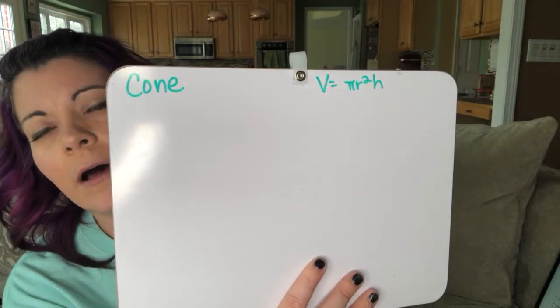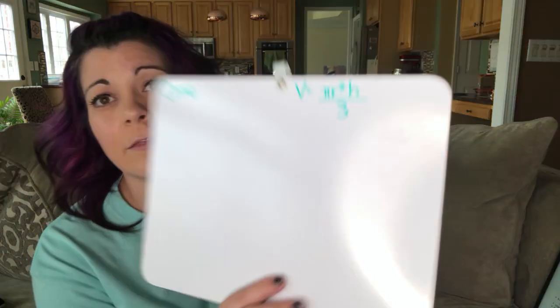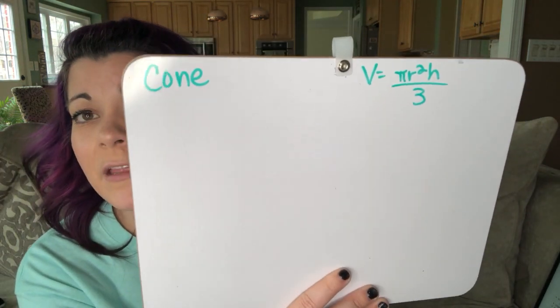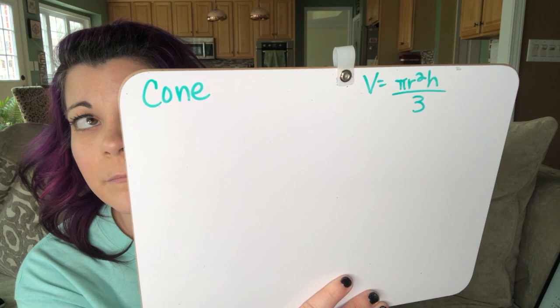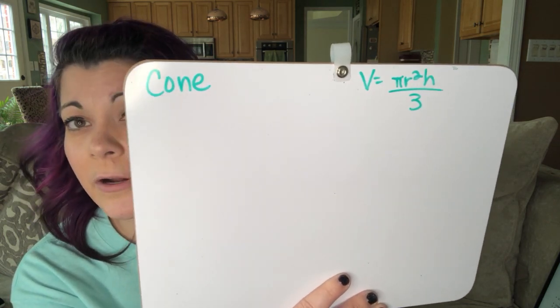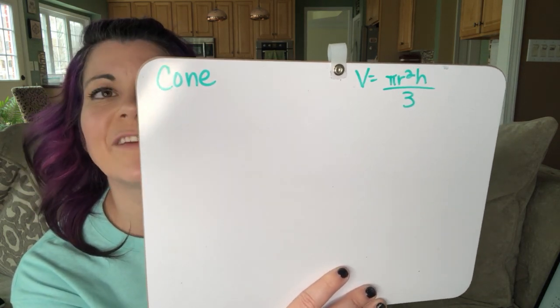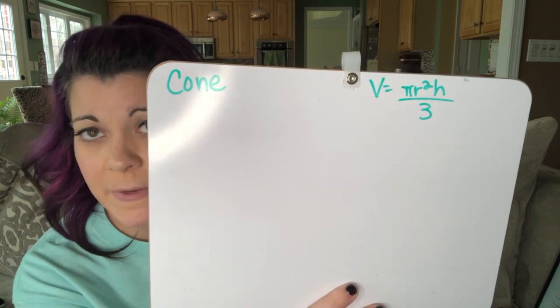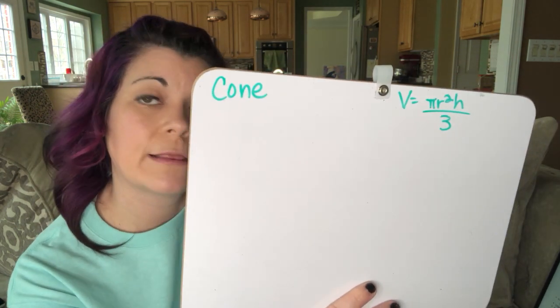It's basically the same thing, except I like to already insert pi r squared into the area of the base. So the volume of a cone is pi r squared h, and then again we're going to divide it by 3. It's actually the same formula as a cylinder, except for the divide by 3. So if we have a cylinder and a cone with all the same measurements, then 3 cones would fit inside that cylinder.